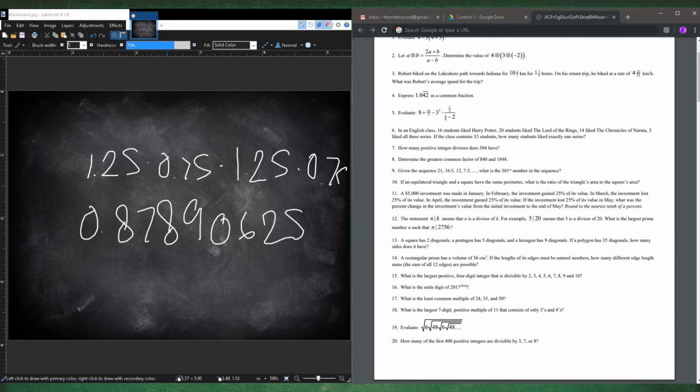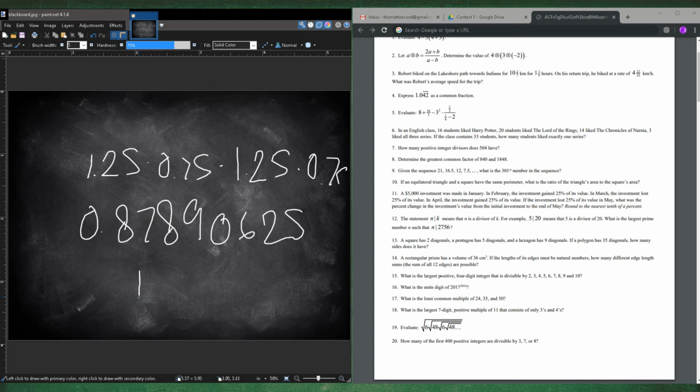So 1 minus that number, you get 0.1210935, multiplied by 100, and the nearest tenth of a percent is 12.1%. So it's a 12.1% decrease. I'm not going to write the entire thing, but I have room. Okay, so it's a decrease. It's a 12.1% decrease. It's basically that simple.